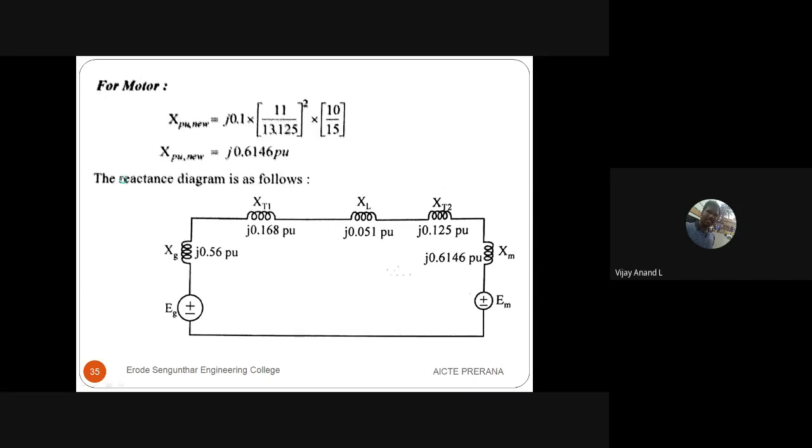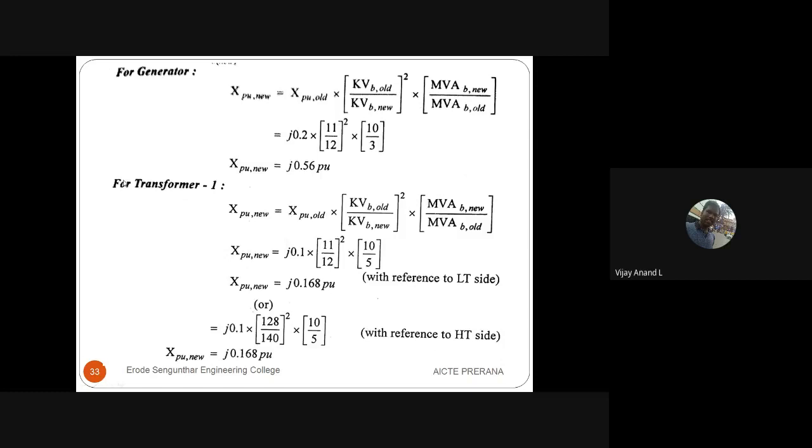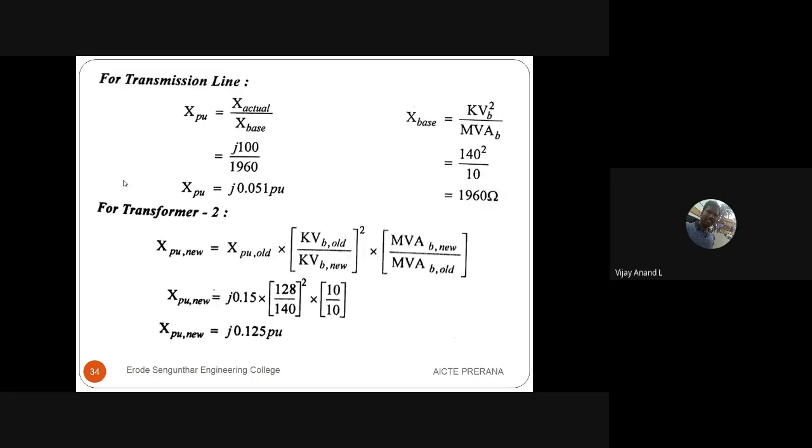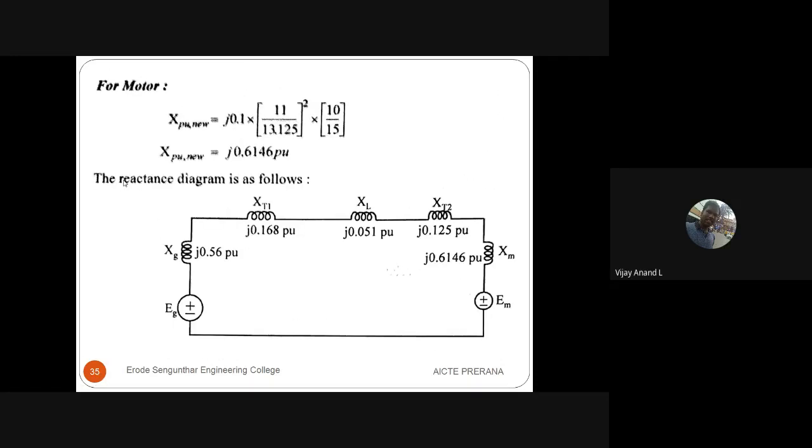After finding all the elements, like the generator, transformer 1, transmission line, transformer 2, and motor, we have to draw the reactance diagram. In the reactance diagram, the generator side consists of a source with a reactance.